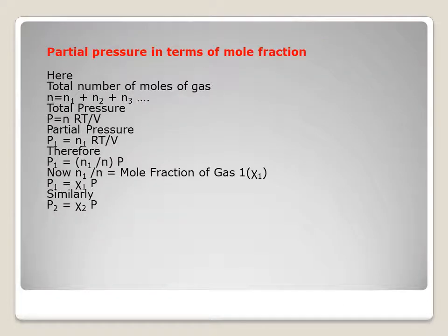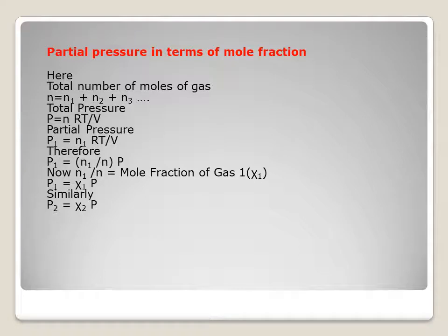And now we are going to find out the relationship of partial pressure and mole fraction. As we know, the total number of moles of gas n is equal to n1 + n2 + n3 and so on, and pressure P is nRT/V according to the ideal gas equation. So partial pressure P1 will be n1RT/V.